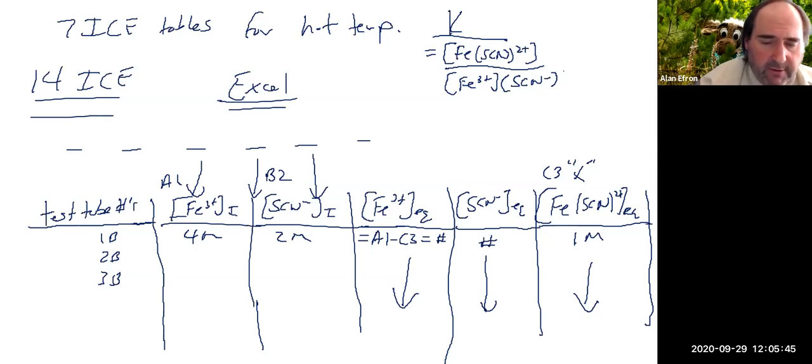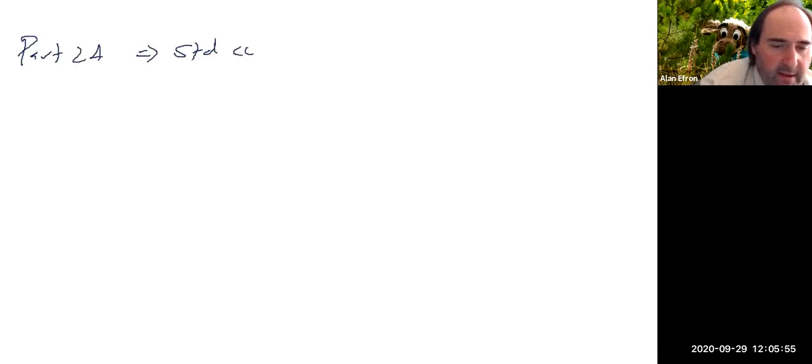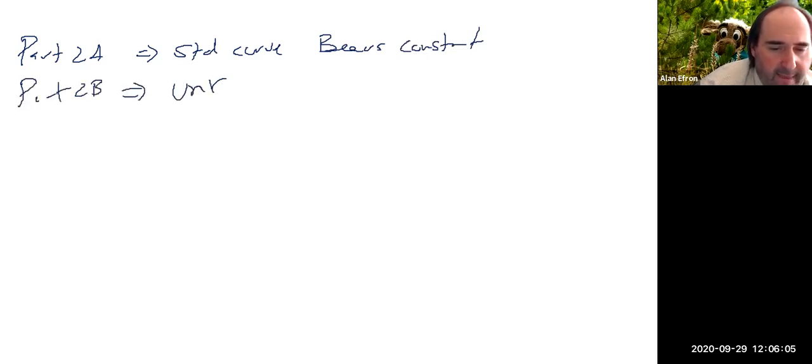So the goal here, like I said in part A, is to get that standard curve. Part 2A gets you that standard curve and Beer's constant. In Part 2B, you're going to take some unknown solutions, which are labeled as B's. These guys are all labeled as A's, test tubes.